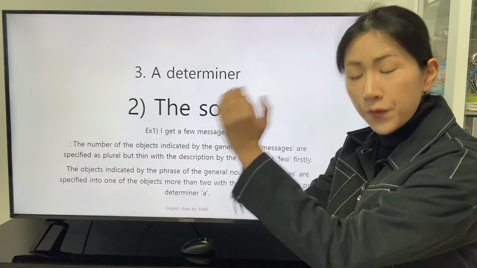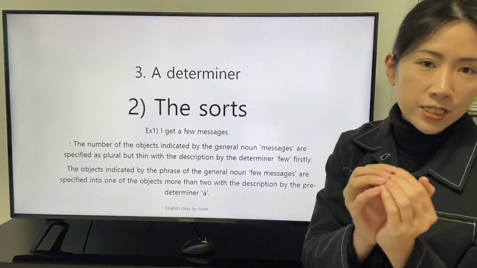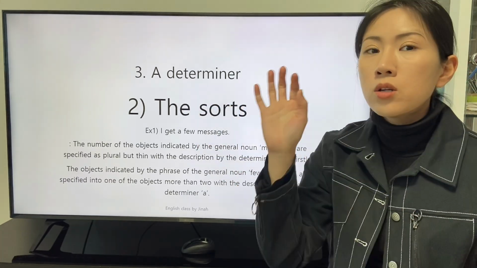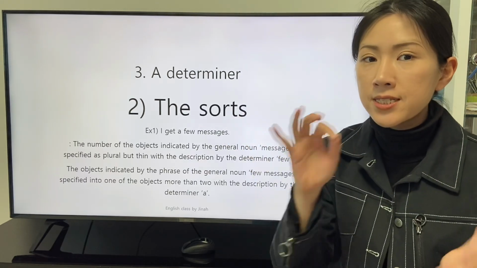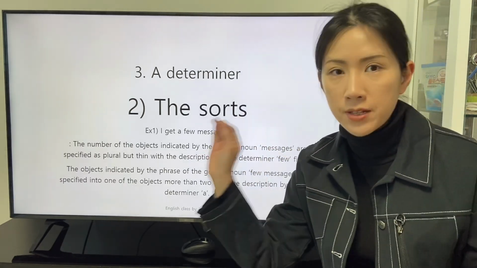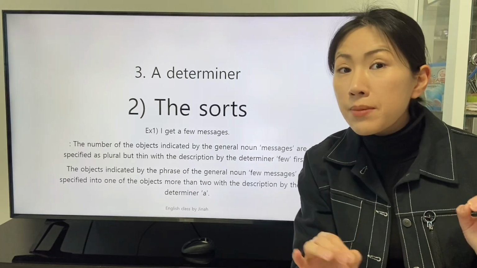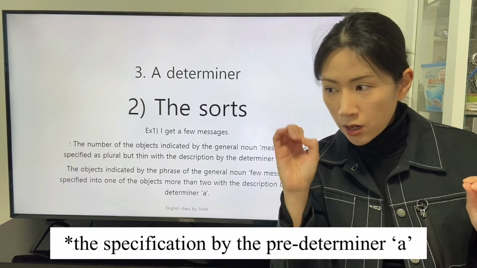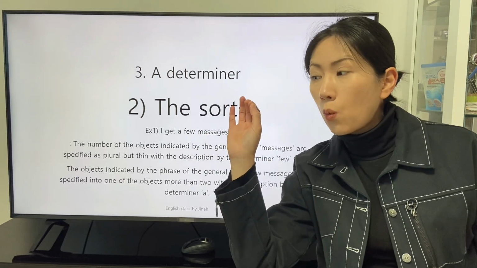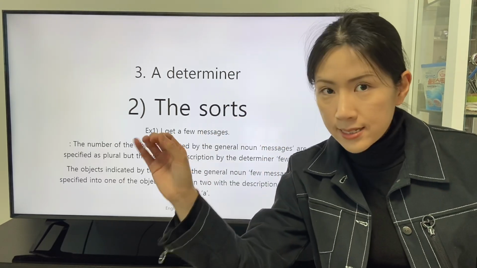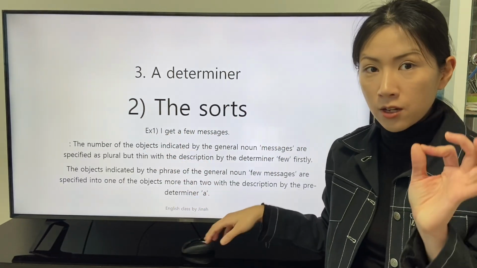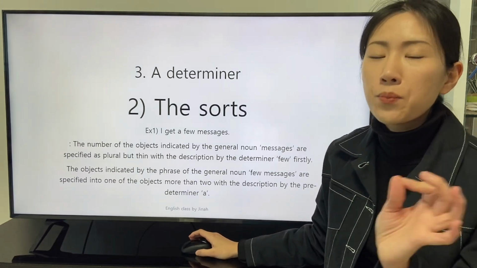Few messages, few messages, etc. There are plural objects indicated by the phrase of the noun few messages. That is the premise to specify one of the objects indicated by the phrase of the noun few messages.